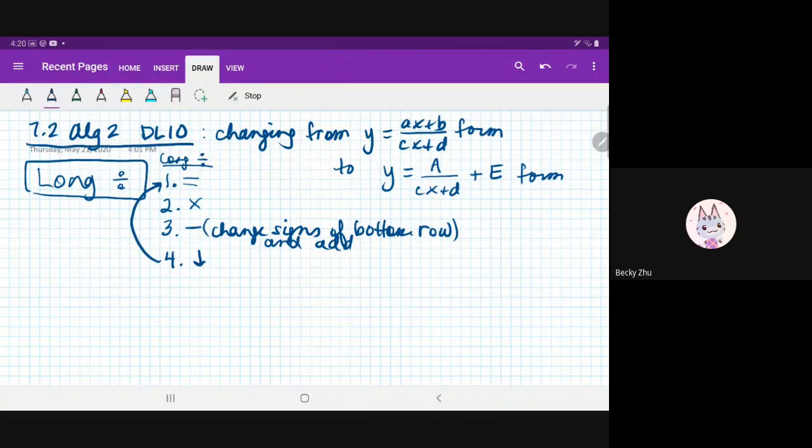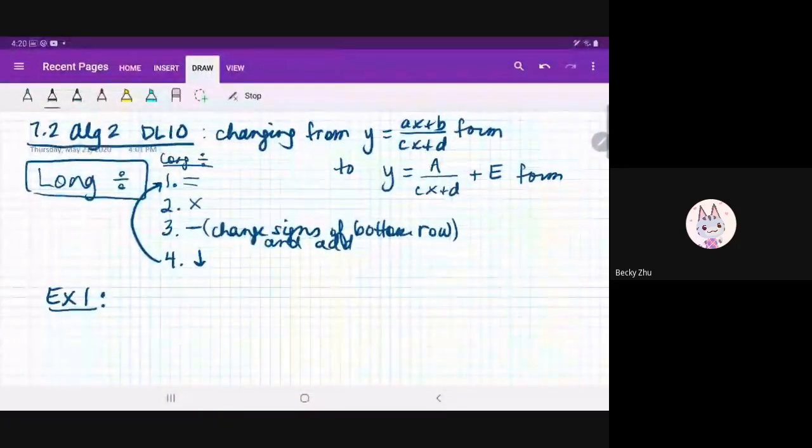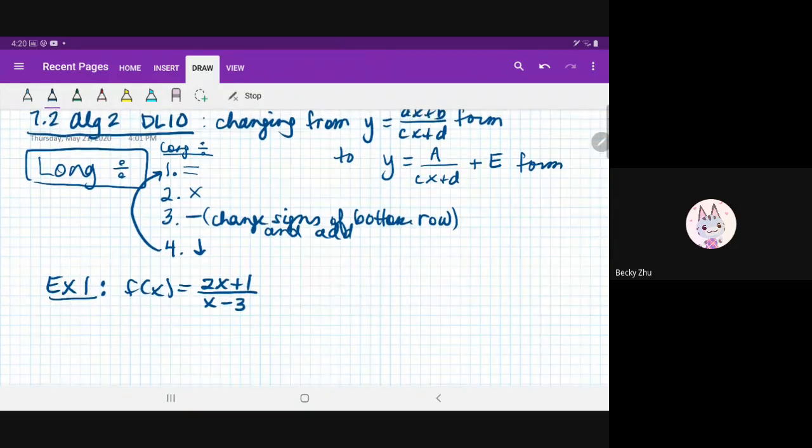So let's remember by looking at a question. For example 1, we have f of x equals 2x plus 1 divided by x minus 3. We want it to look like the ones we did two days ago. So we're going to change it to y equals, and put the x minus 3 in front of the long division sign and the 2x plus 1 on the inside.